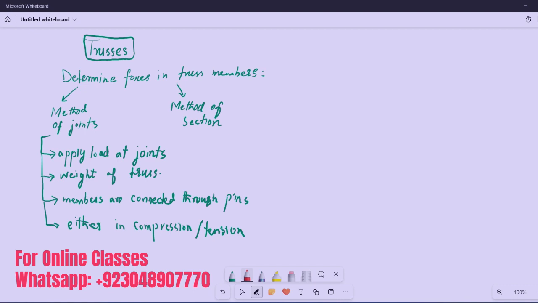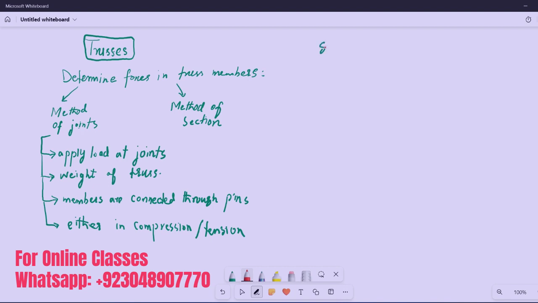For solving the trusses, we will apply the conditions of equilibrium. So how are we going to solve it? We will apply the conditions of equilibrium, but before that you have to draw the free body diagram. Free body diagram means how many forces are actually acting.